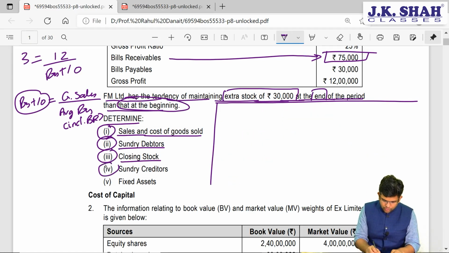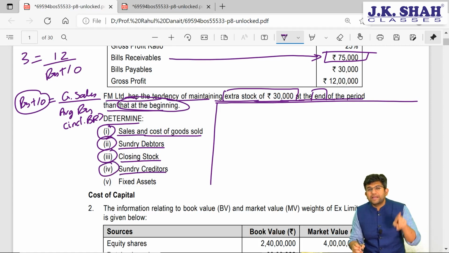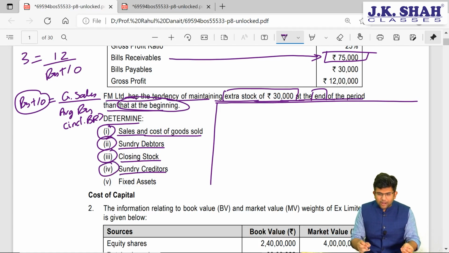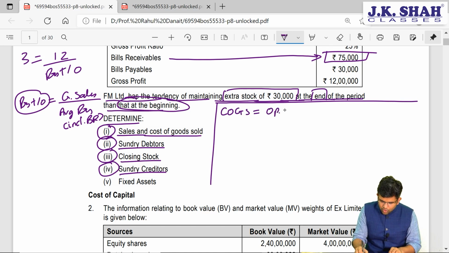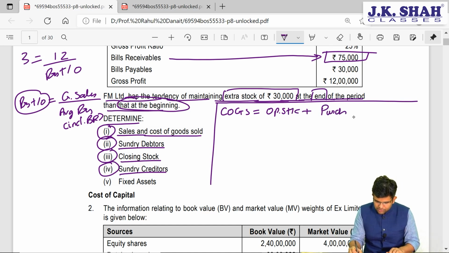Then children, moving on to our next point, that is sundry creditors. But students, to calculate sundry creditors, you will have to first of all find the credit purchases, correct? Now how do you find credit purchases? COGS is equal to opening stock plus purchases minus closing stock, and they have told you very clearly in this question that all purchases are credit purchases only. Now we have already calculated the COGS, the opening stock, and the closing stock.